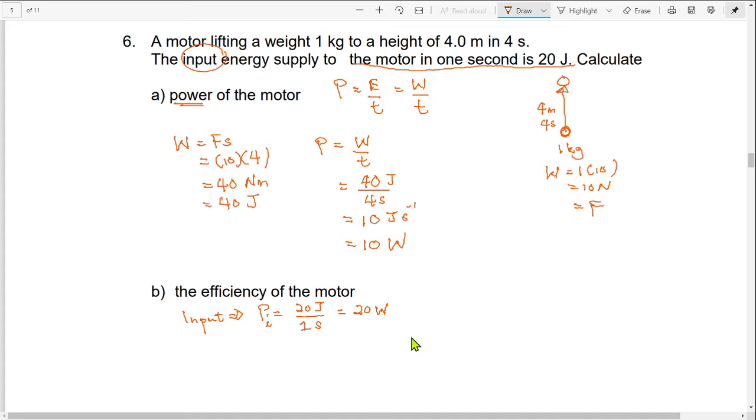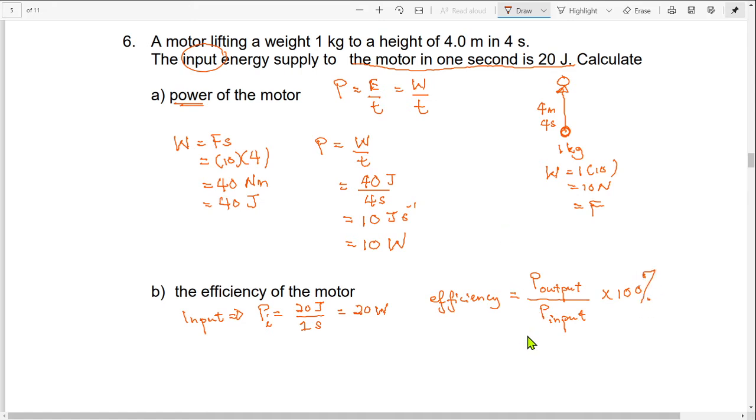Okay, so how do we find efficiency? Okay, so efficiency equals P output divided by P input and multiply by 100%.